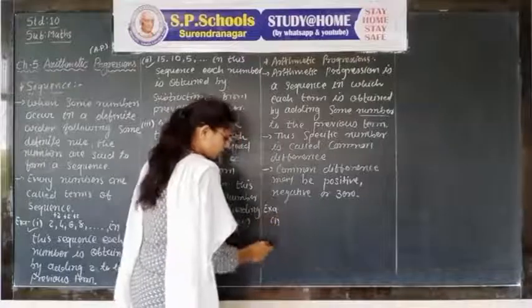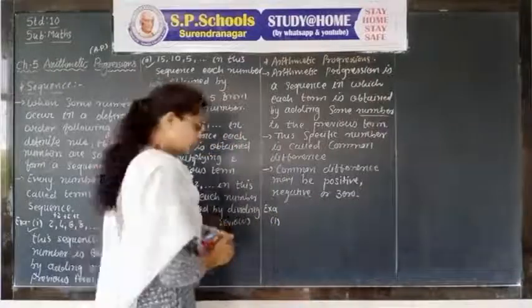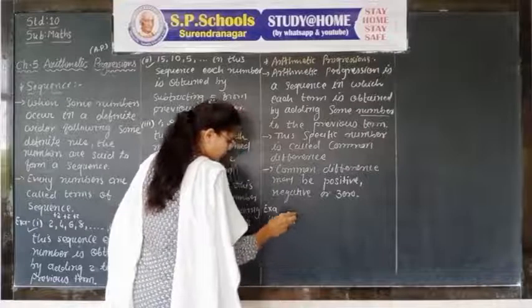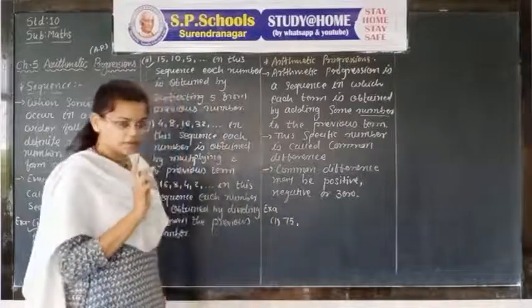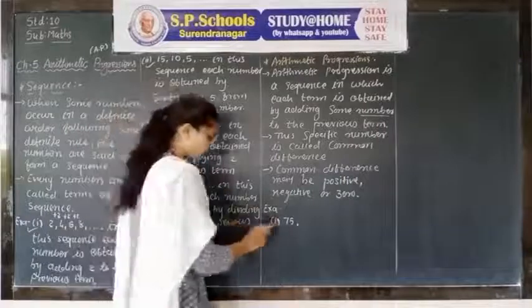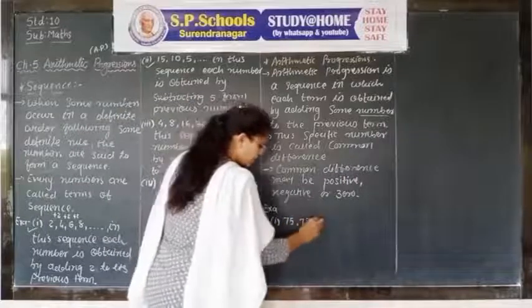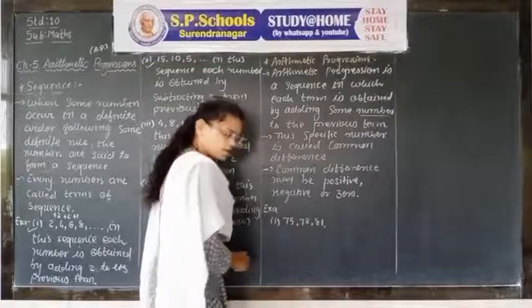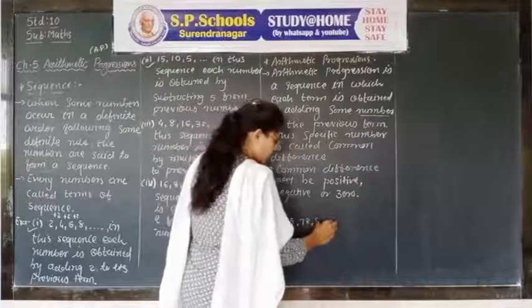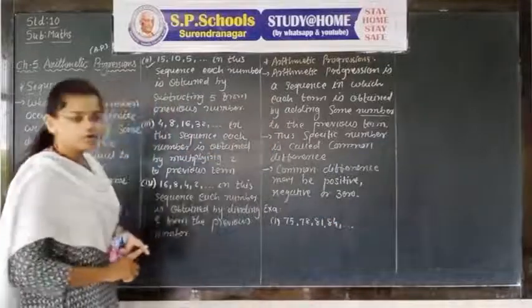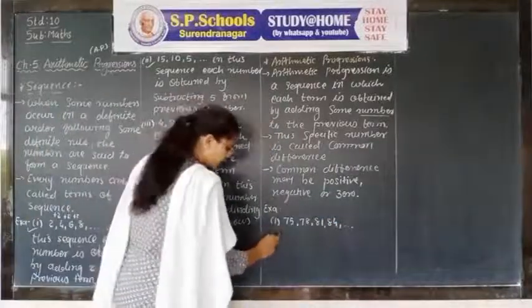First example: take any one number, suppose 75. Now we add one specific number, suppose 3. 75 plus 3 gives 78, 78 plus 3 is 81, 81 plus 3 is 84, up to infinite. It is an example of arithmetic progression, AP.